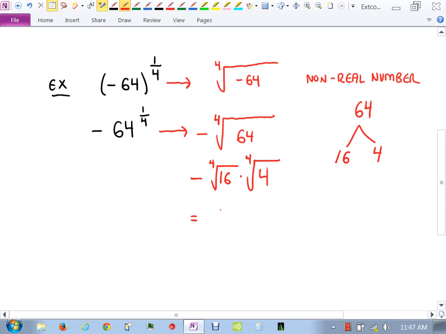The fourth root of 16 we just said is what? 2? So negative 2 fourth root of 4. Very different problems. I mean, they look very close to the same thing, but just that parentheses changes what you can do.